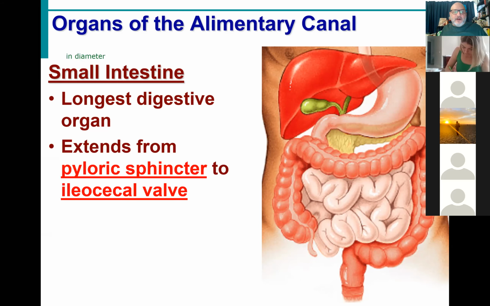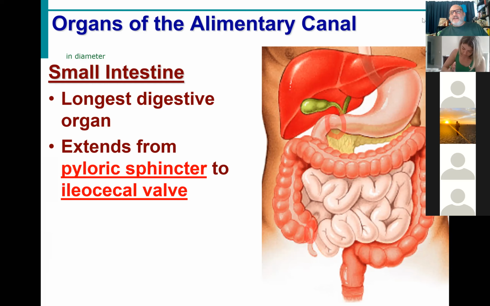Those 3 are, and again, like most of the organs in the alimentary canal, they go from valve to valve. As we just mentioned, proximally, it is the pyloric sphincter between the stomach and the small intestine. And distally, it is the ileocecal valve between the small intestine and the large intestine.